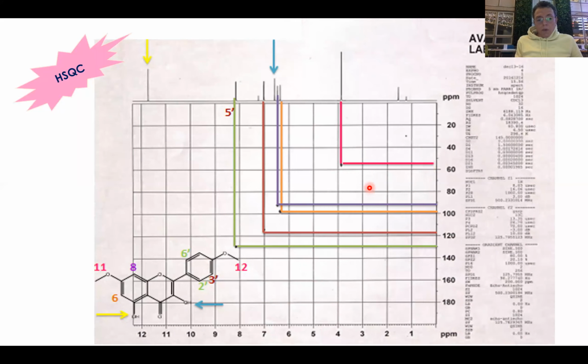Furthermore, if we know C8, for example, then you can do the assignment of C5', and you can see the assignment here. So if you know the assignment of the proton, you can deduce the assignment of carbon 13. Of course, you must consider that in HSQC, you see only the correlation between the proton and carbon. It means that you must have a proton on the carbon. If you see a carbon without a proton, you will not see anything in HSQC, and in this case you will need HMBC.